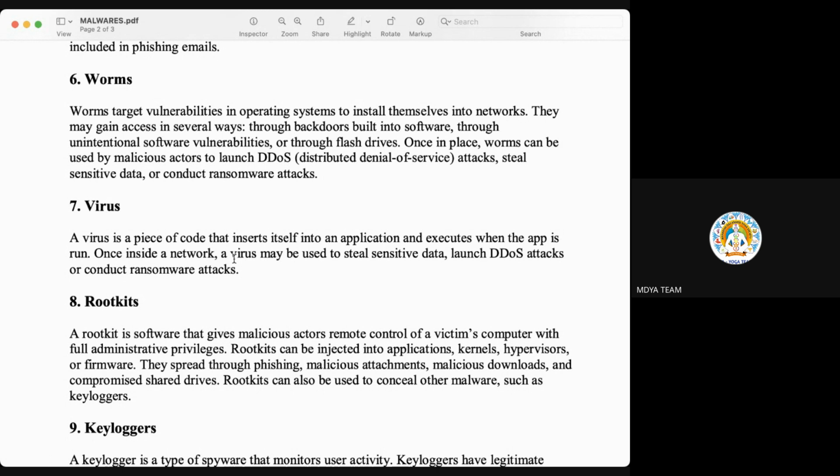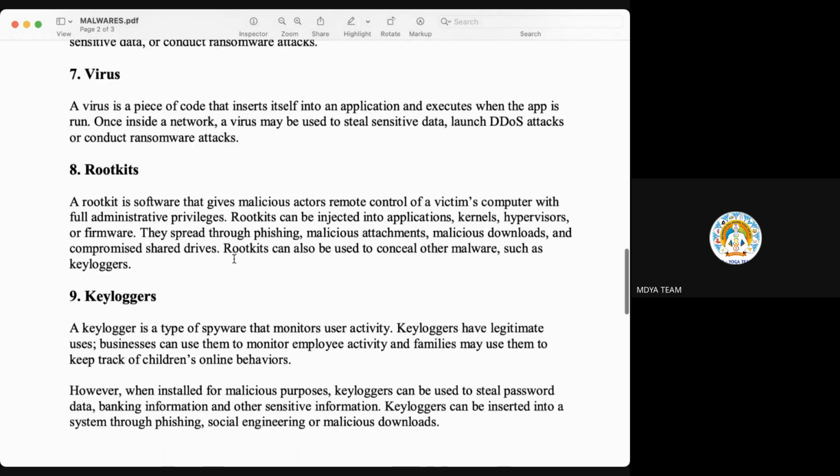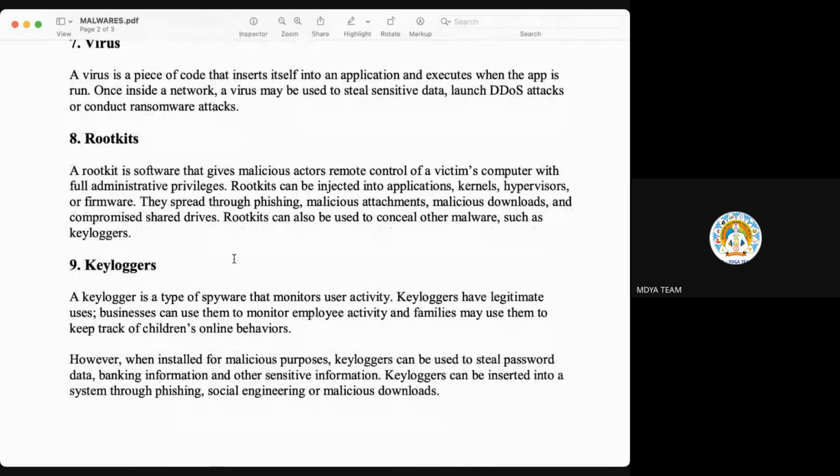So again, it is harmful to your data or your secret files. The next one is rootkits. A rootkit is software that gives malicious actors remote control of the victim's computer with full privileges.